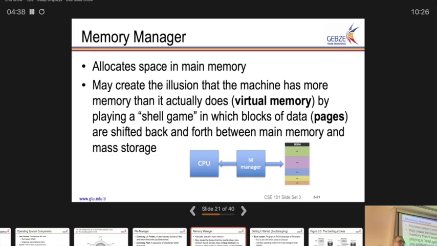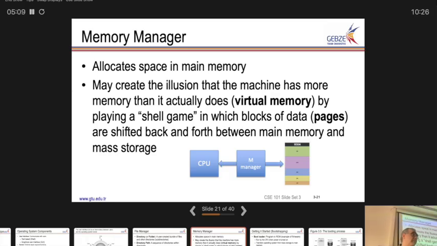That faking says to the program, okay, you are here, but actually it is not there. The program thinks it is writing to 6D, 6F, whatever, but actually the memory location is somewhere else. For each program that location is constant, but in reality we don't know where it is. And that is done by the memory manager.